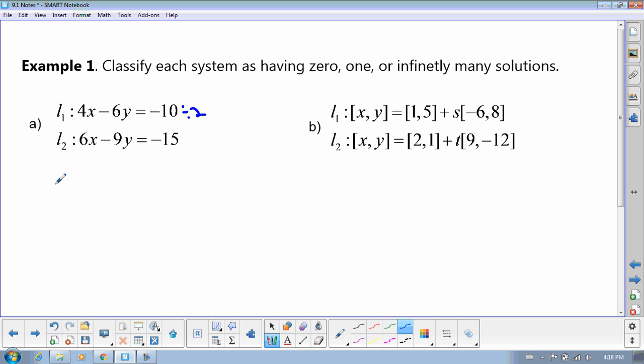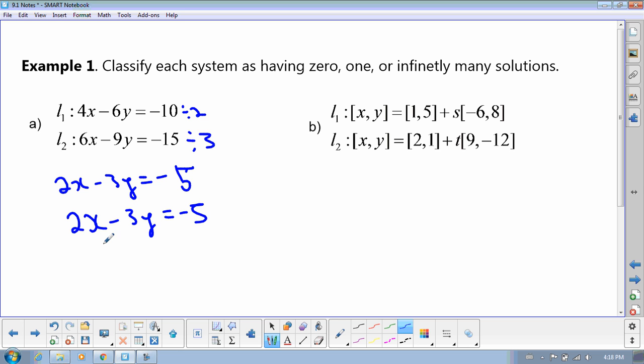That is going to give me 2x minus 3y equals negative 5. I'm going to divide this one by 3, so that's going to give me 2x minus 3y equals negative 5. Exact same equation. So this is infinite. They're the exact same line.